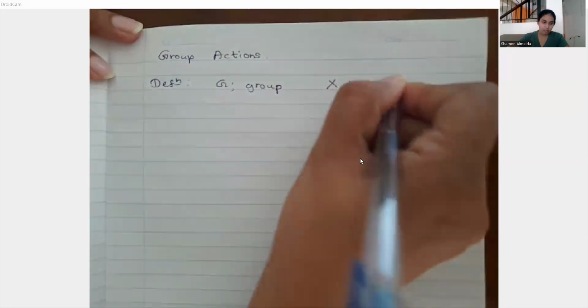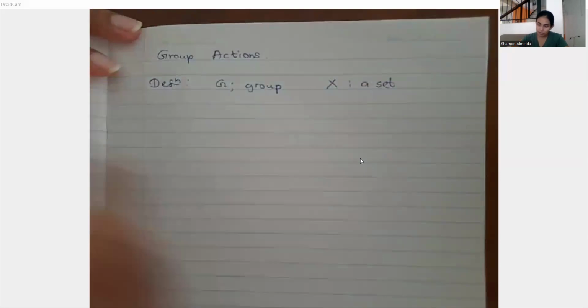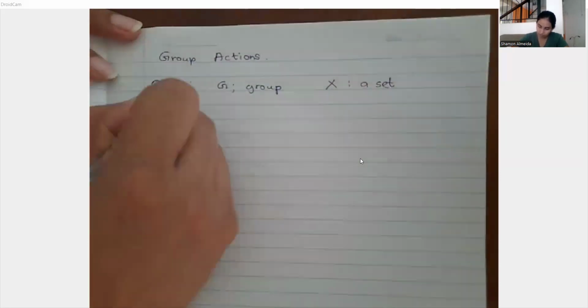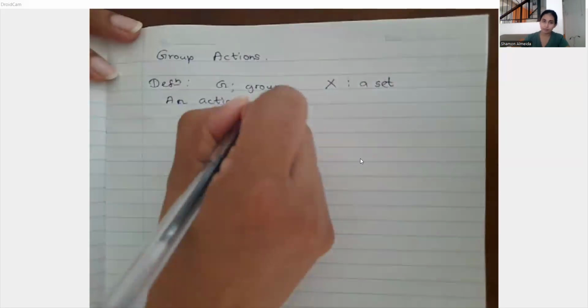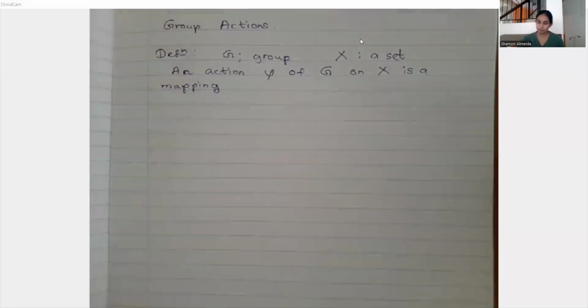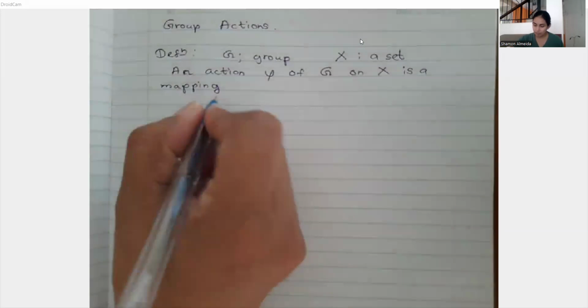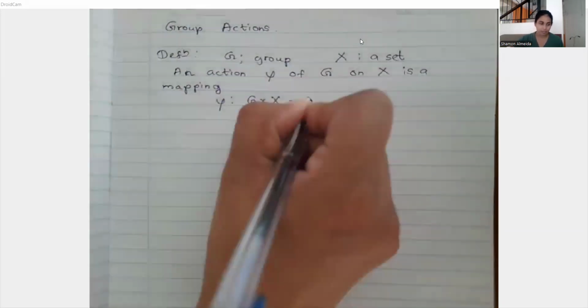If we take G to be a group and X is a set, we say that the group G acts on X. An action, phi of G on X, is a mapping from G cross X to X satisfying the following conditions.